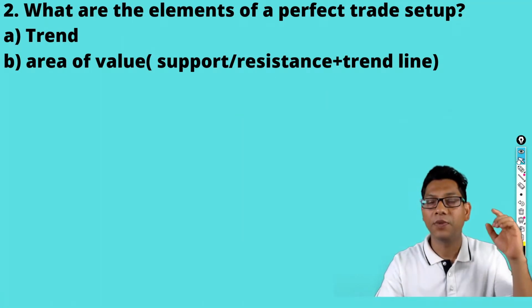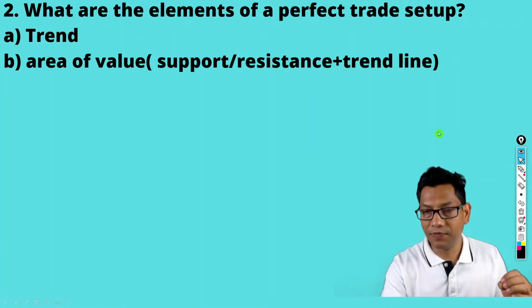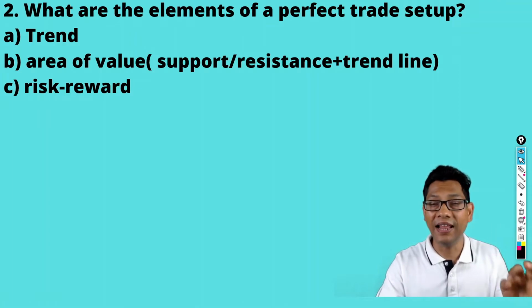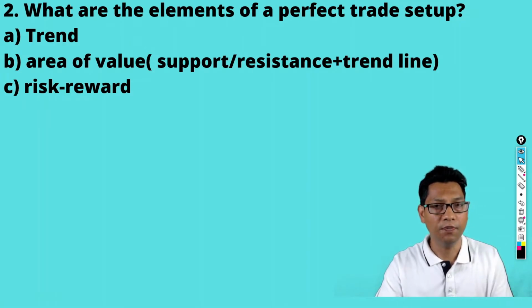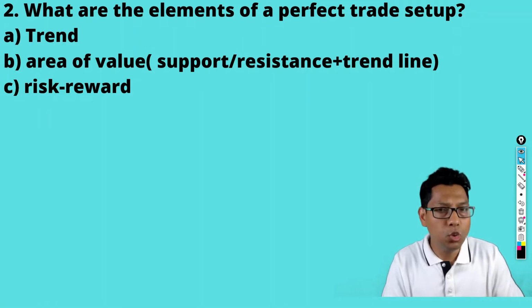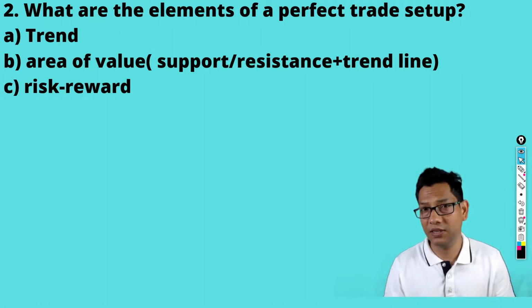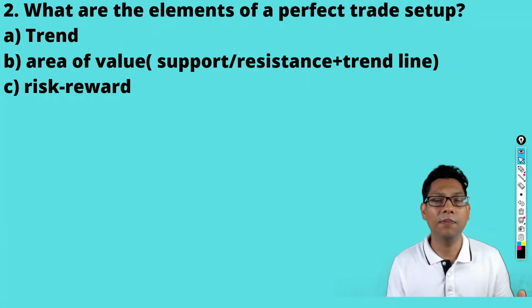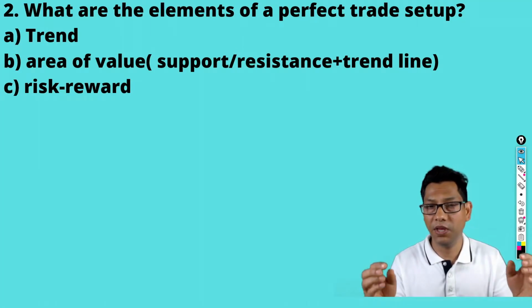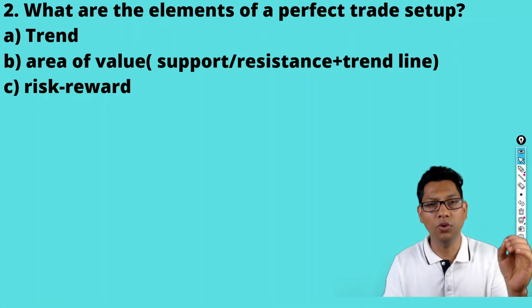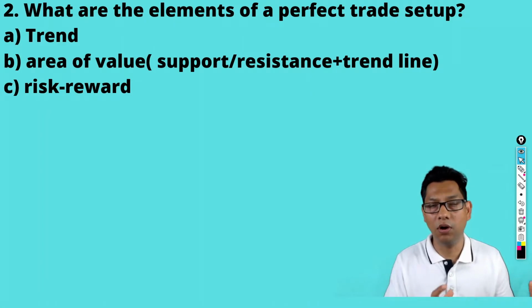So the next element for a perfect trade setup is risk reward ratio. Remember, 1-to-1 risk reward will never make you profitable. Just in the short term, this may give you some amusement, but if you want to be a profitable trader over the long term, you need a better risk reward ratio.